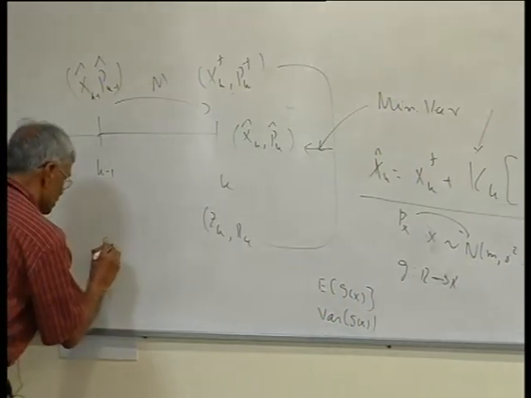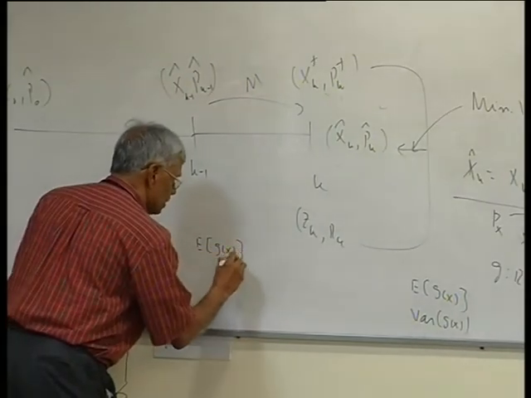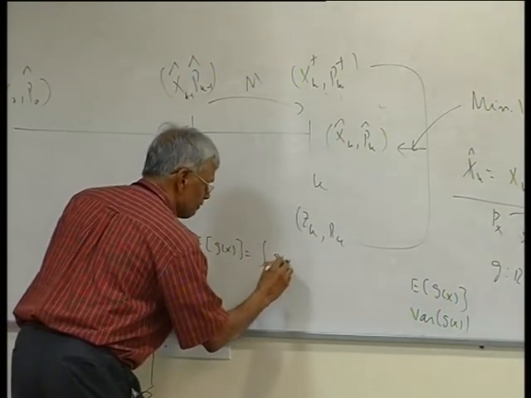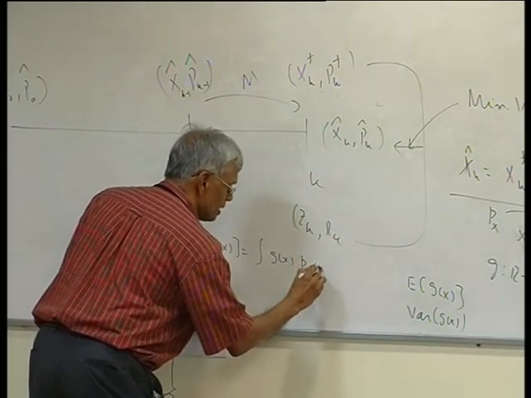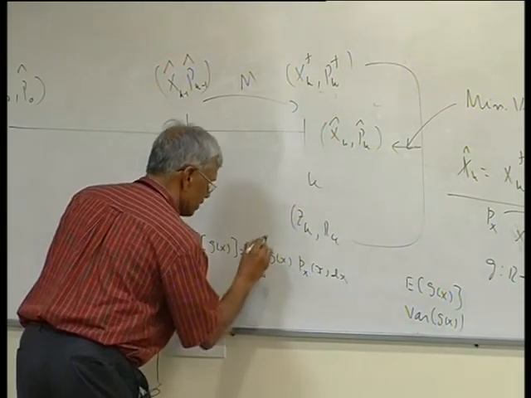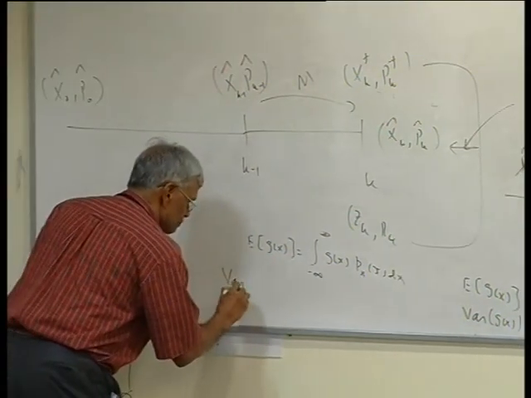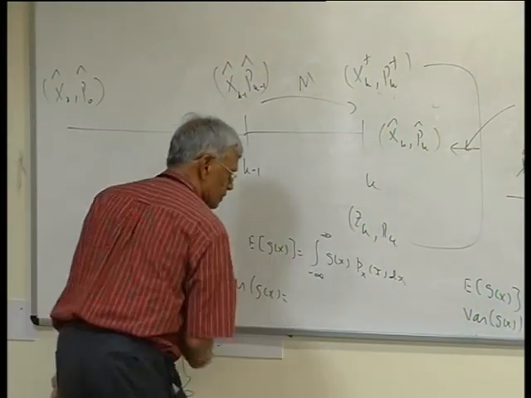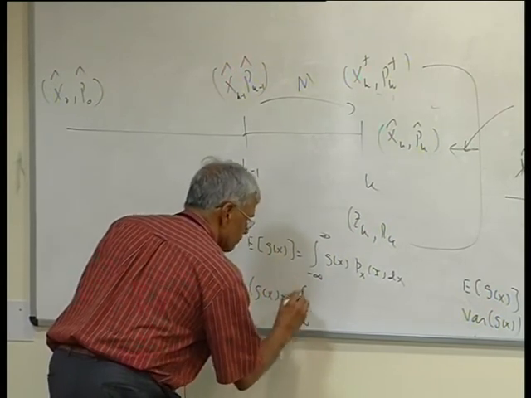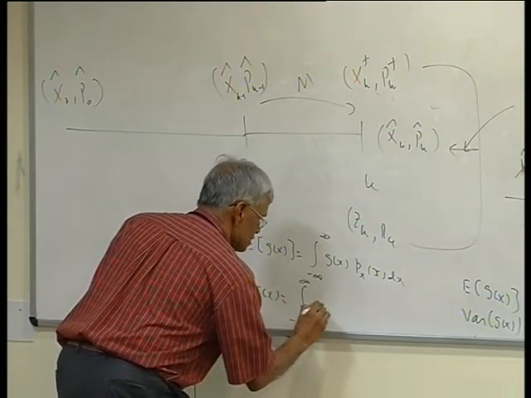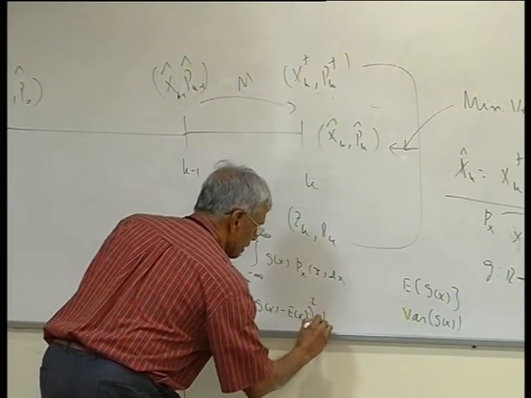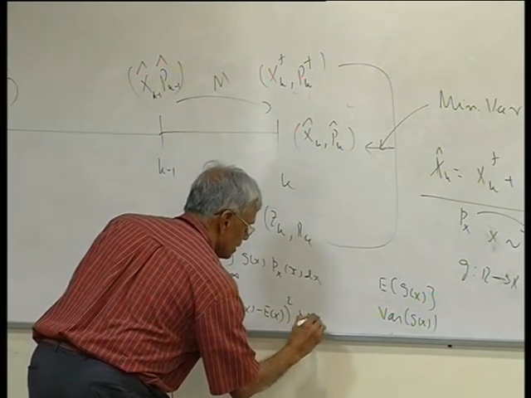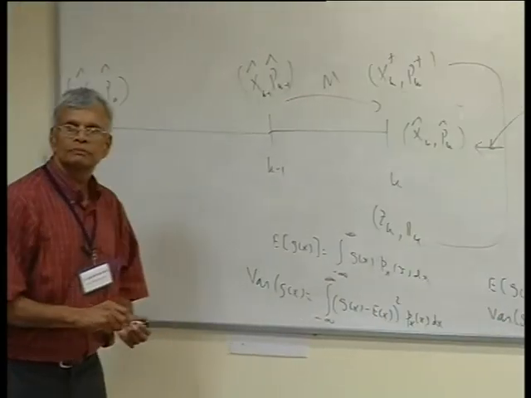So what is the mean of g(x)? The mean of g(x) is equal to the integral of g(x) p(x) dx from minus infinity to plus infinity. What is the variance of g(x)? It is the integral from minus infinity to plus infinity of (g(x) minus E[g(x)]) squared p(x) dx.